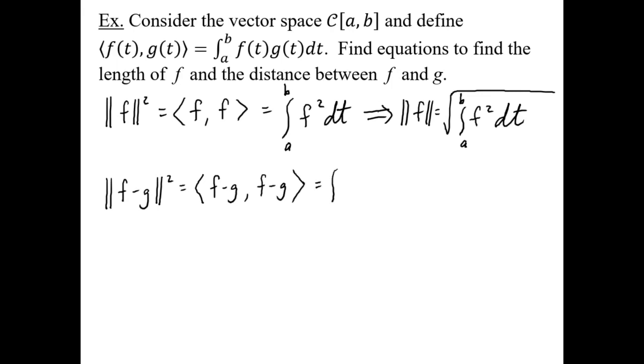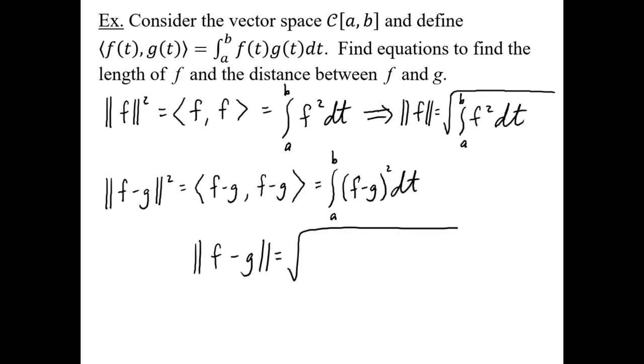And so that would be the integral from a to b of f minus g times f minus g dt. And of course we square root both sides. So if we take the square root of that integral, that would represent the distance between those two functions.